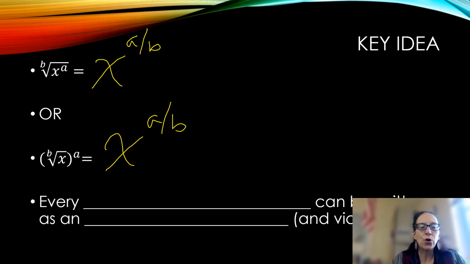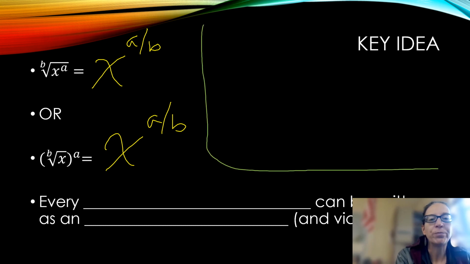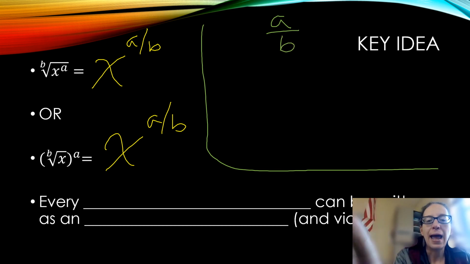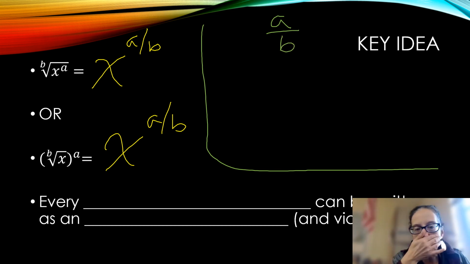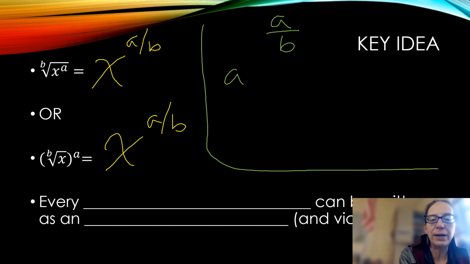I can do a really detailed explanation of this, but I'm going to give you the short middle-of-a-lesson explanation. It has to do with the fraction and how you can break a fraction up. So that is a divided by b. But remember, there's no such thing as division. Division is multiplication by the reciprocal. So instead of a divided by b, you could write that as a times 1 over b.